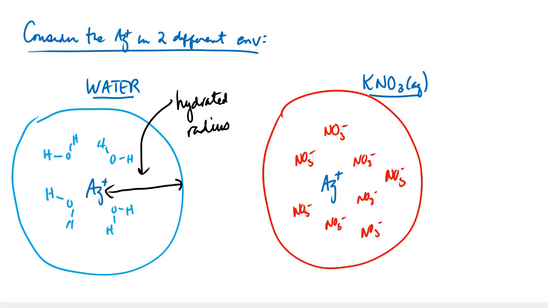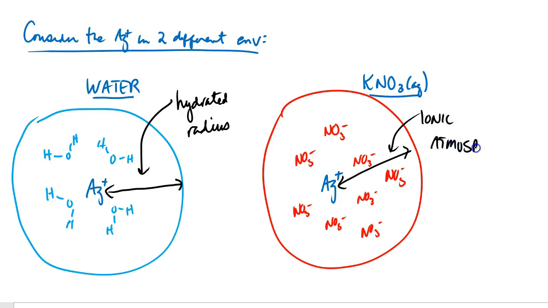Instead, we have a so-called ionic atmosphere. And that ionic atmosphere tends to hide the silver ion from the chloride ion.